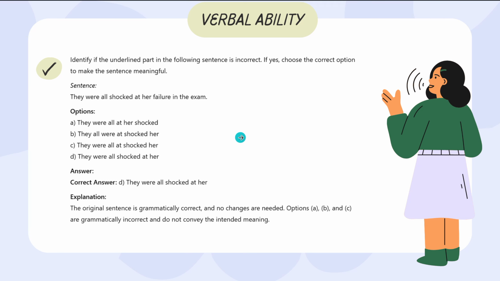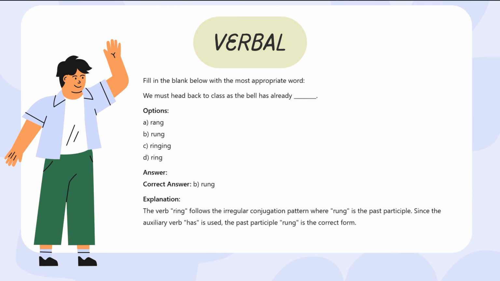Now let us go to the next question, which is also from verbal. Fill in the blank below with the most appropriate word. We must head back to class as the bell has already dash. It is indicating that it has already happened, it is completed, so we should use the V3 form.